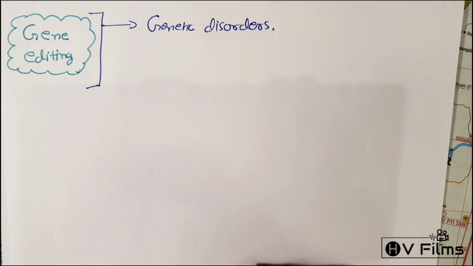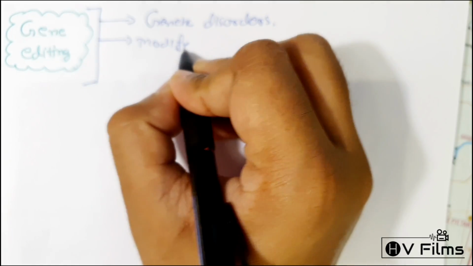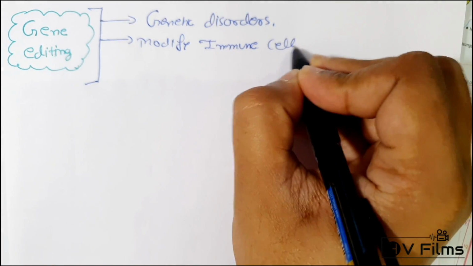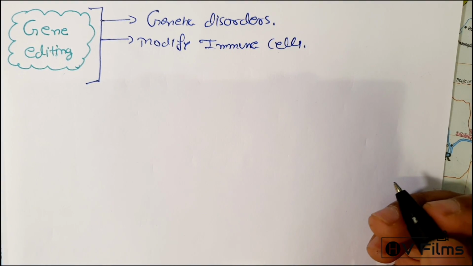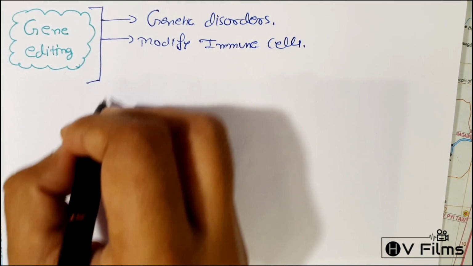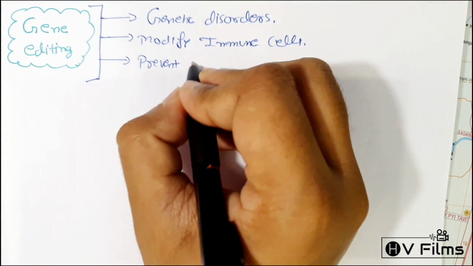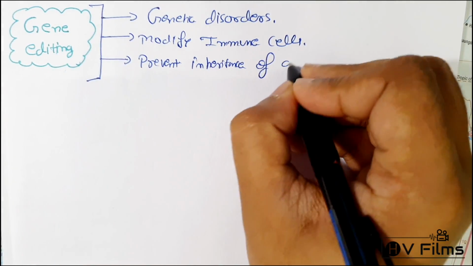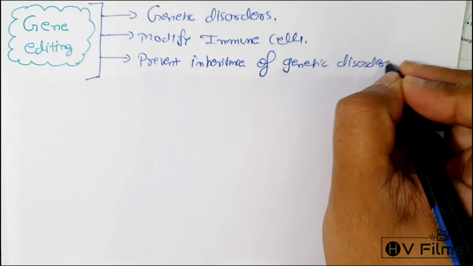and gene editing is widely used to modify the immune cells. It also helps in preventing the inheritance of genetic disorders.